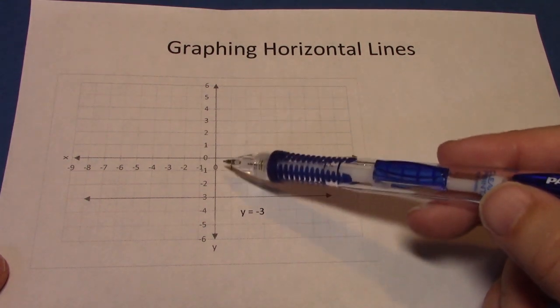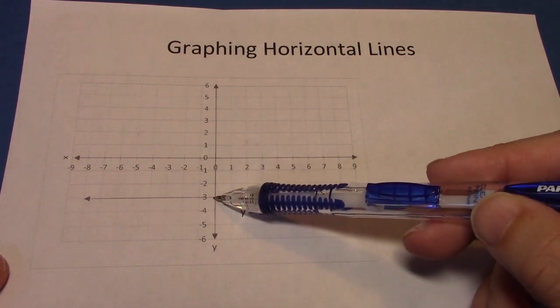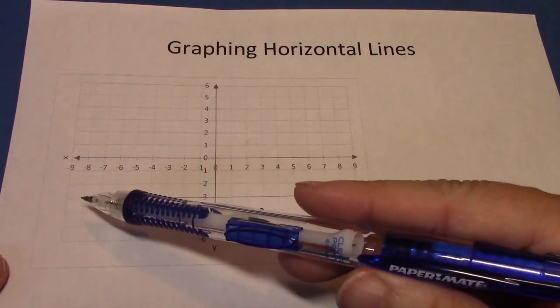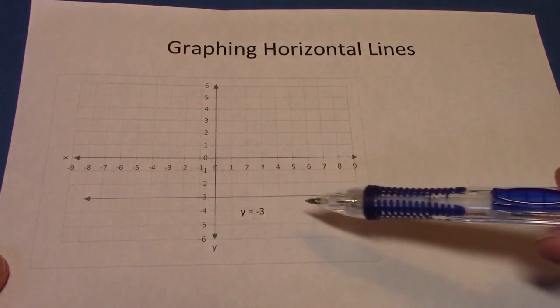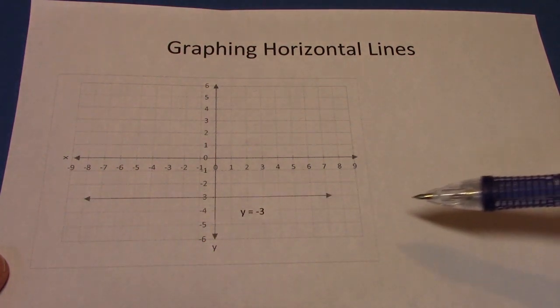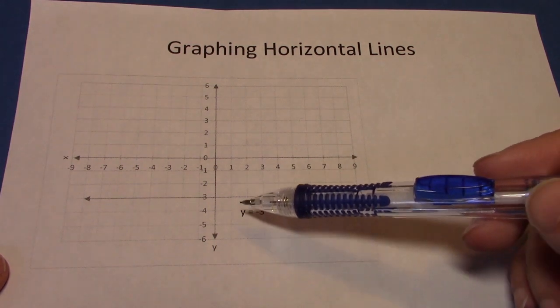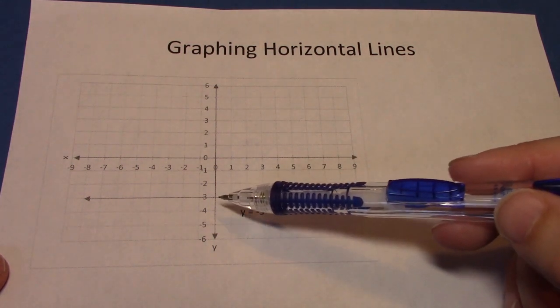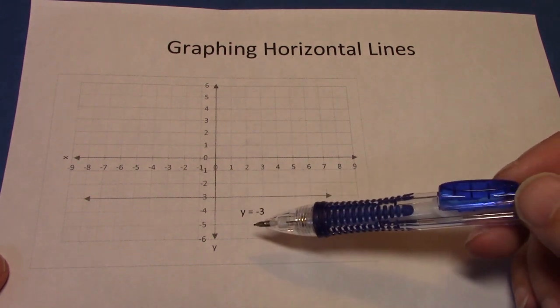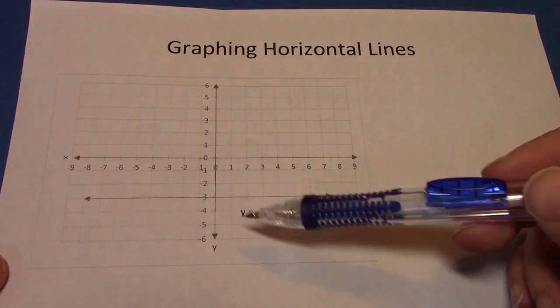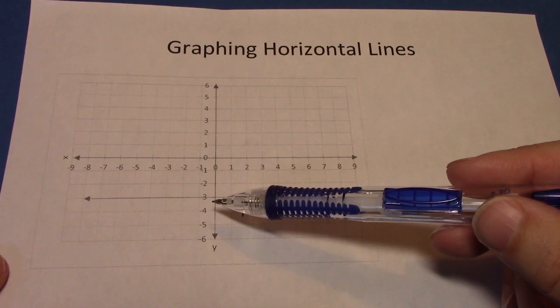That's because on the y-axis, we've found the place where y equals -3, and that extends all the way, and in fact the arrows mean that it can go forever and ever to the left and the right. We say it has a y-intercept of -3. That's because it intercepts, or it crosses the y-axis at -3.